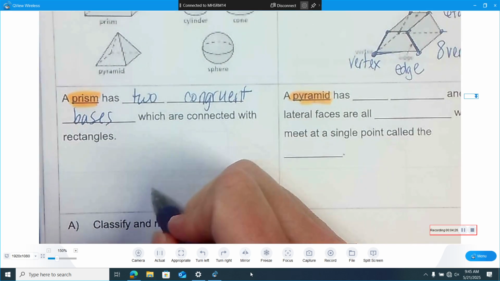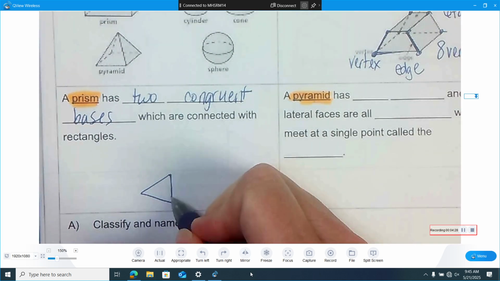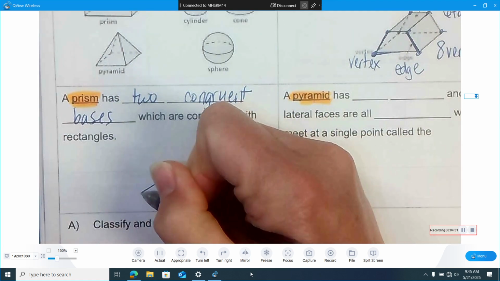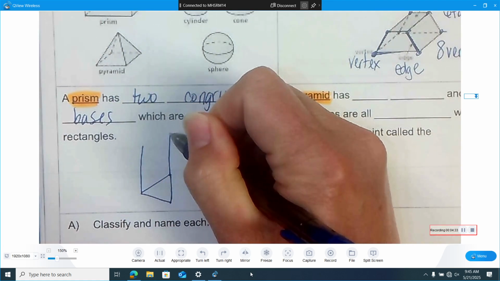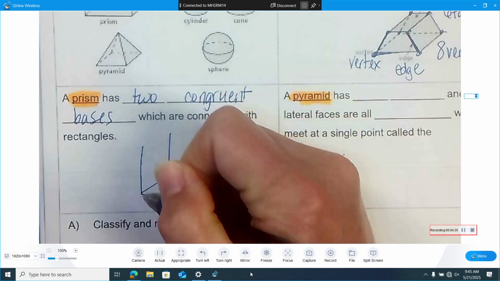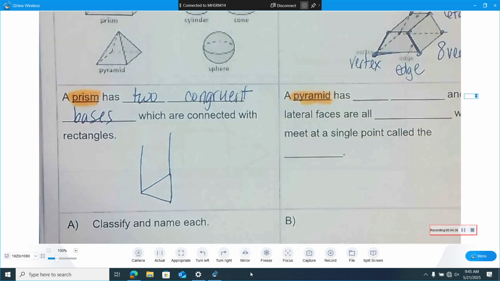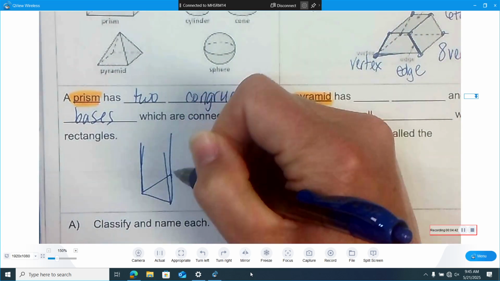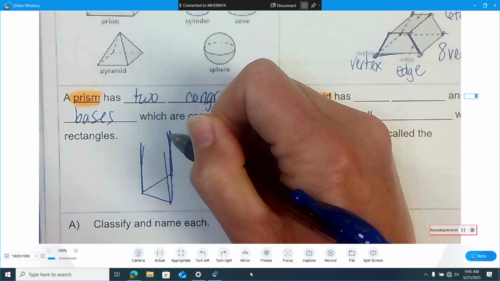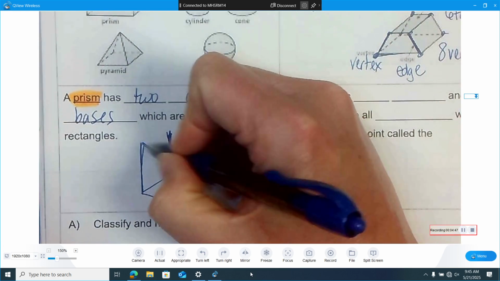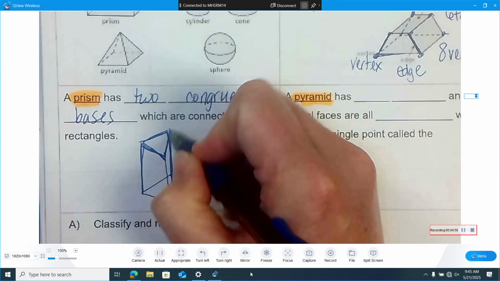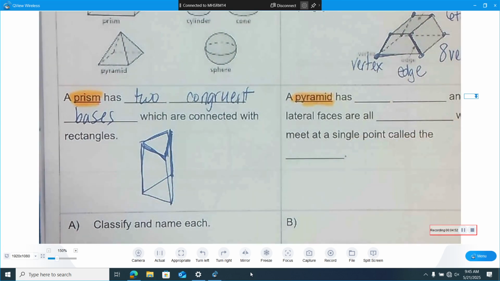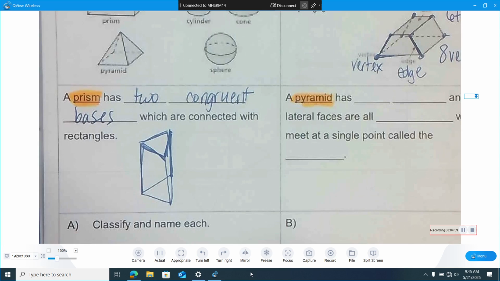So for instance, I could draw a triangle, and then I'm going to draw a rectangle, basically a line up from each of those. This is not great, there we go. My line's not straight, there we go. And then I can connect those 3 points with another triangle. This is an example of a triangular base prism. It's very difficult to draw. They've drawn one down below.